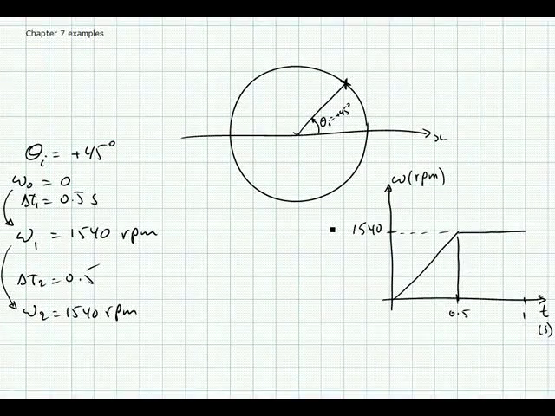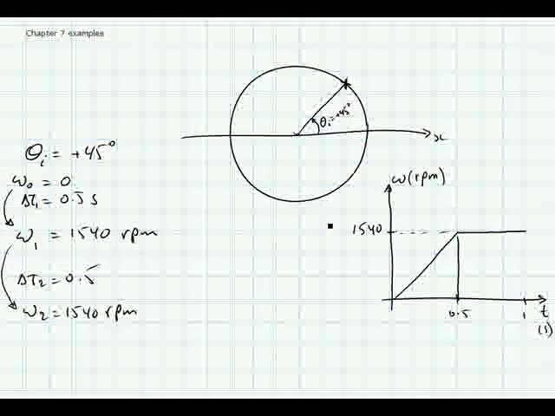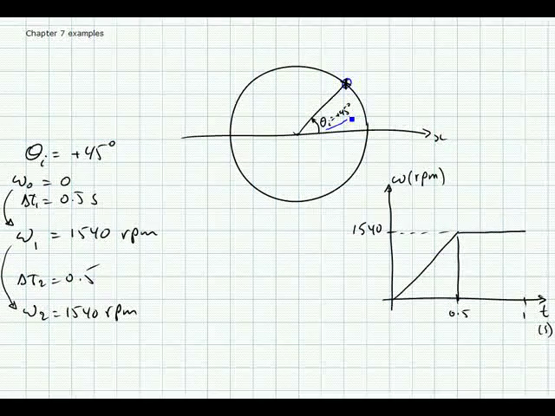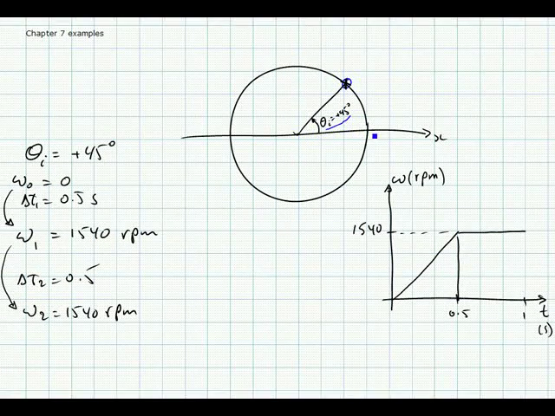In this lecture, I'd like to work through a few examples involving circular motion. Let us say that we have an object which is at an initial angular position of 45 degrees with respect to the x-axis.